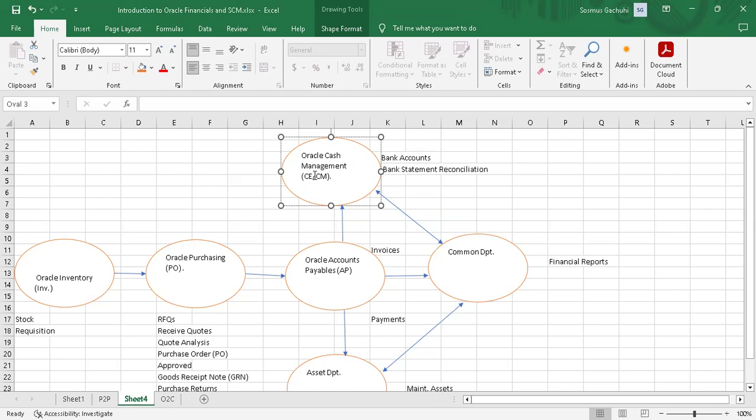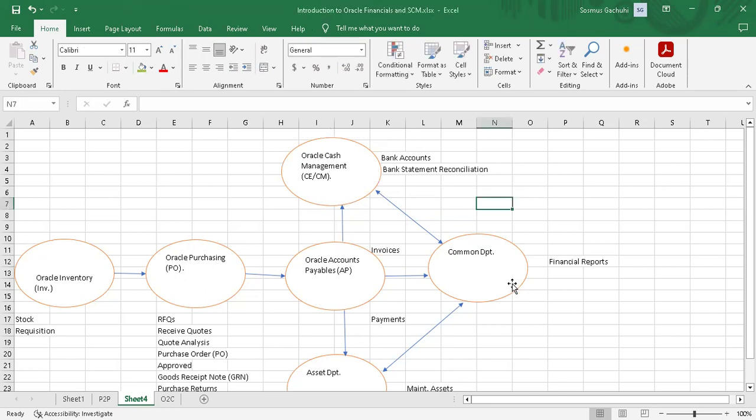To avoid the confusion between the two CMs, contract management and cash management, Oracle came up with the idea of naming the tables differently. Now the table for cash management is CE in the database and not CM. When you start working with different documents, you'll find it's being referred to as CE. CE is referring to cash management. I hope that one is clear.